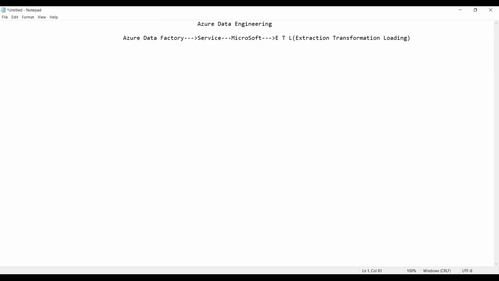Under this Azure Data Engineering, we have one of the services called Azure Data Factory. Getting my point, everyone?